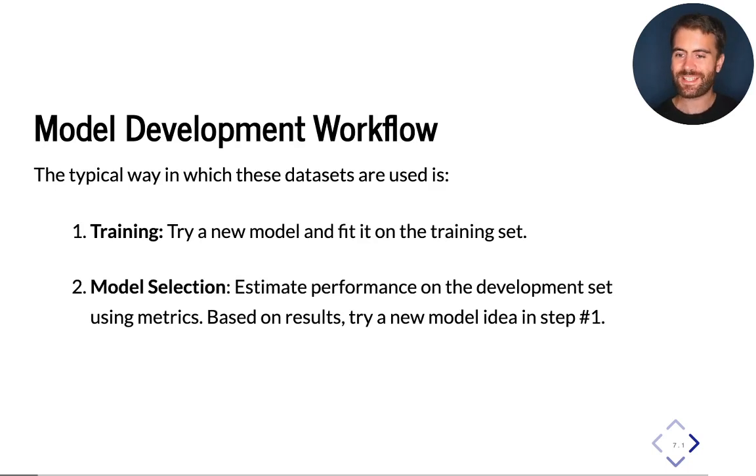This gives us an initial idea of how well this model would perform in the real world, whether it is overfitting or whether its performance is sufficient. Then based on what we observe of this performance, we think of improvements to the model. So we perform what is called model selection. We may then make changes to the model.